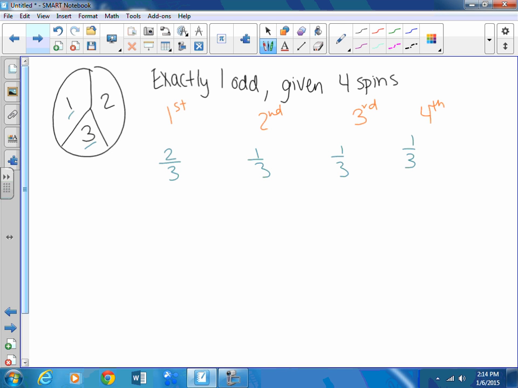So this is the probability of getting an odd my first time and evens the next. If I multiply these, I'm going to get 2/81. But there's another way that this could happen. I could have got my odd the second time around, and everything else would be even. So my 2/3 is going to go for my second spin, and everything else is going to be even. Multiply across, you still get 2/81.